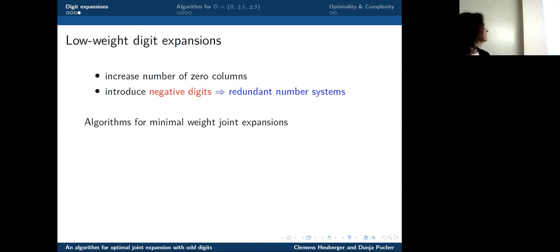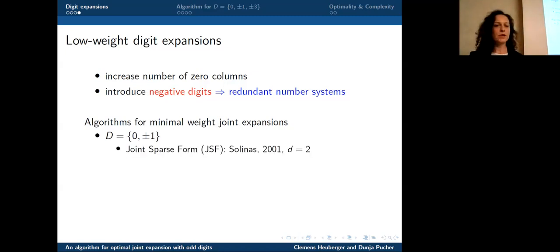So I have already mentioned the digit set 0, plus or minus 1. Here we have 3 existing algorithms. We have the joint sparse form, which Solinas gave in 2001 for pairs of integers. So he introduced basically this idea in his work.